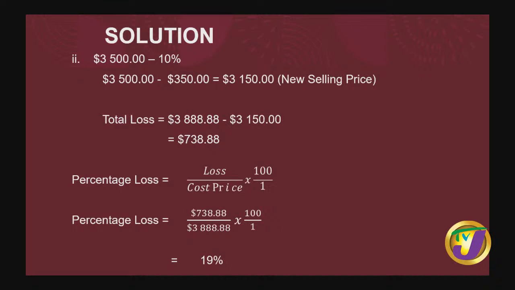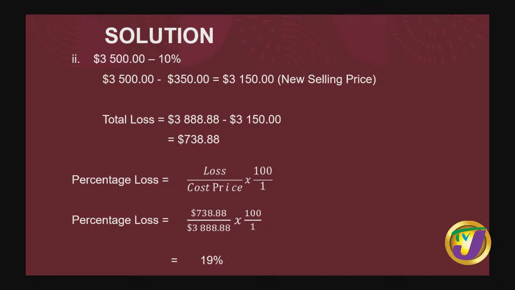So, if we're calculating our loss percentage, again, we're focusing on our cost price. The cost price of the pair of shoes was $3,888.88, and I'm going to divide my loss amount, $738.88, by that amount. So my percentage loss was 19%.